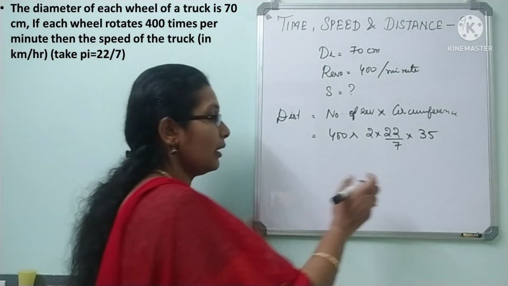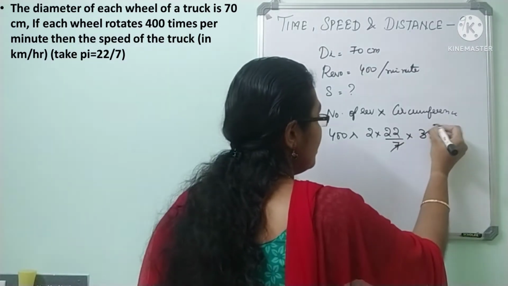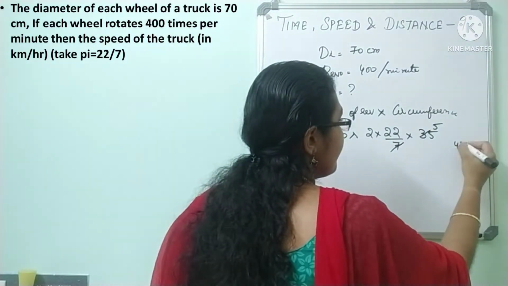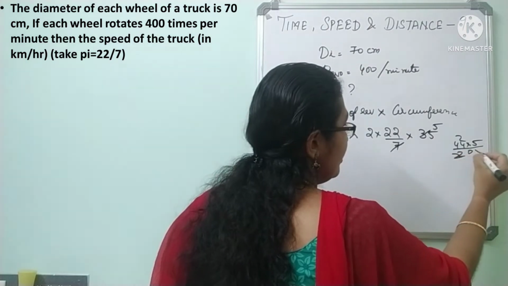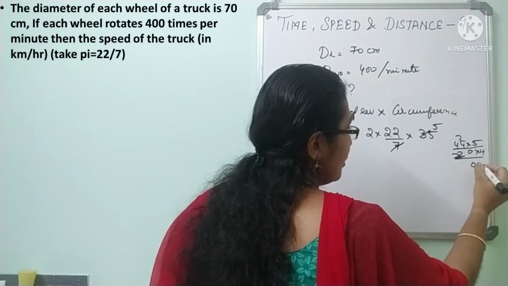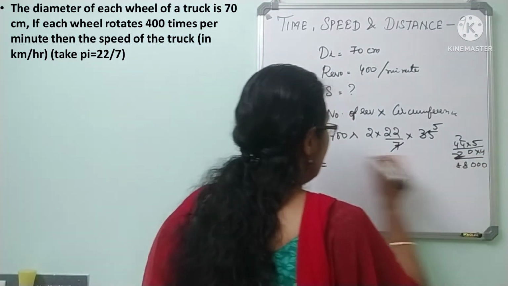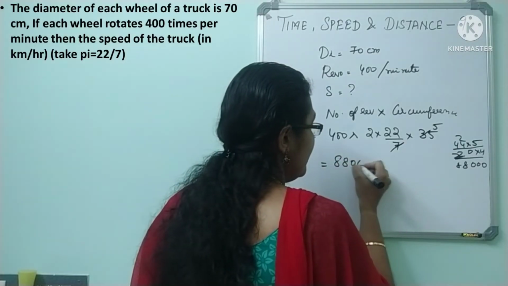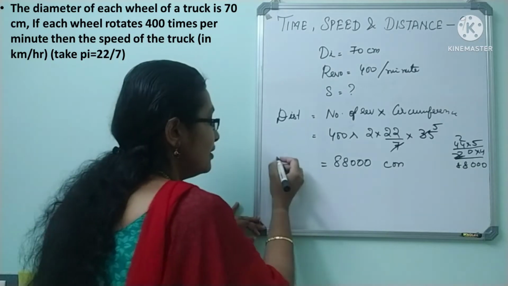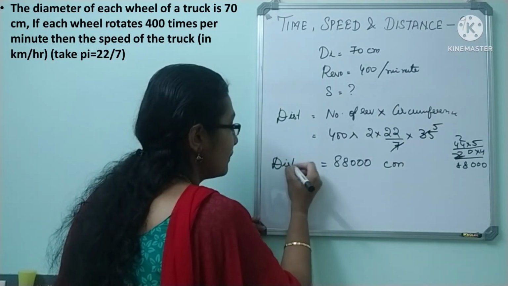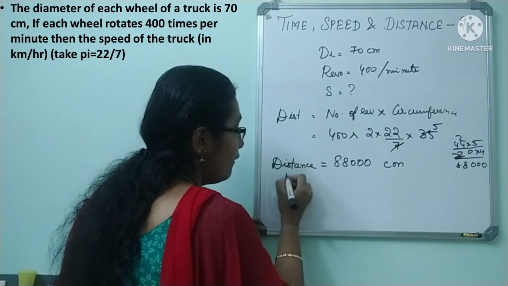Clear with that? Don't get confused here. So 7 5s are 35. 44 into 5, 5 4s are 20. 420 into 400. So 88,000 centimeter. Correct?